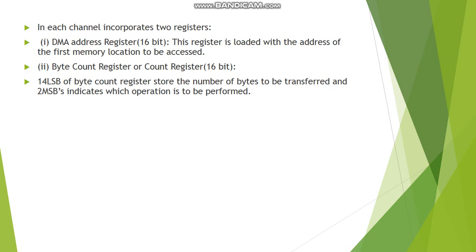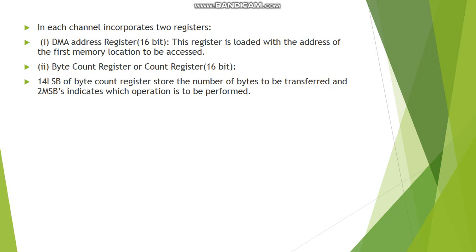In DMA you have to learn these 2 points. These are very important because we have 2 registers in DMA. One is the DMA address register, another is the byte count register or simply count register. The address register is a 16-bit register, loaded with the address of the first memory location to be accessed. And the byte count register is also 16-bit.